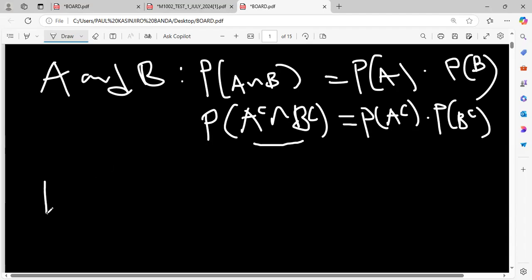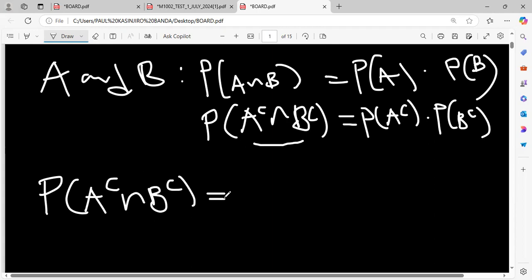So I'll start by writing probability of A complement intersection B complement is equal to. Now, remember by De Morgan's laws, A complement intersection B complement is the same as A union B, and then you put the complement outside.